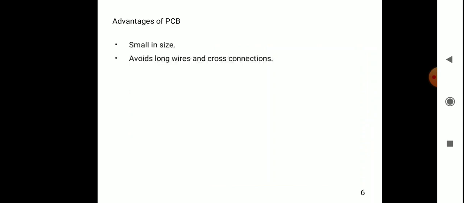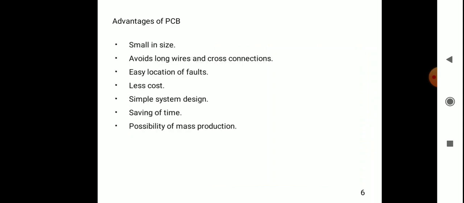So what is the advantage of PCB? Why are we using these PCBs? The advantage of the printed circuit board is that it is small in size. Small in size means we don't have the zigzag structure. We need not think about the connections.